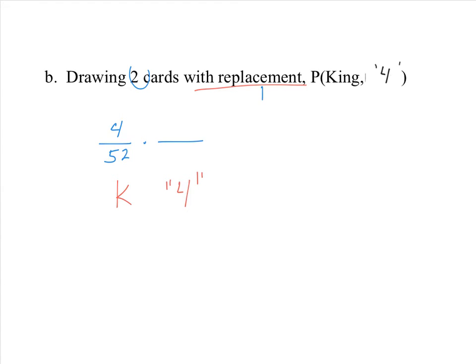Since we're replacing, we still have the same total in the denominator. We still have 4 cards in the deck that are fours. And then we multiply the tops and the bottoms, and then reduce your ratio. Calculators are very helpful. I can help you with that in class. 1 over 169.